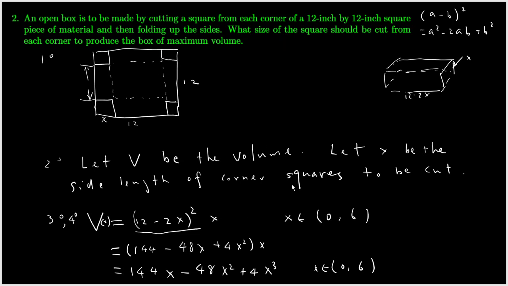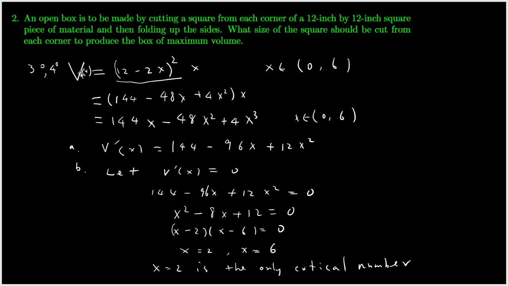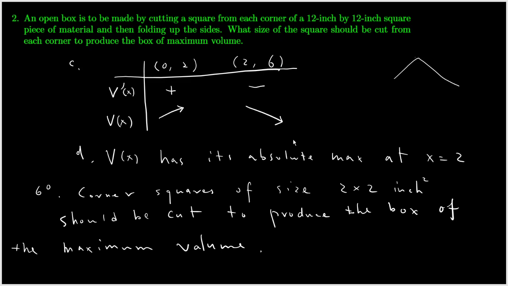Okay. And then very importantly, identify the domain of the function using the real problem. Okay. And then use the stuff we learned last time to find the absolute maximum or absolute minimum of the function on some interval. Okay. Finally, answer the question in words.